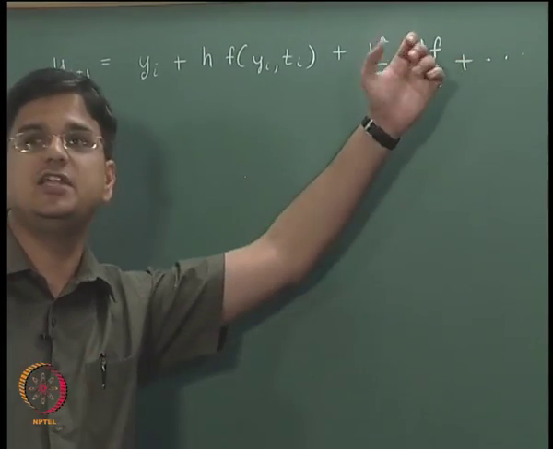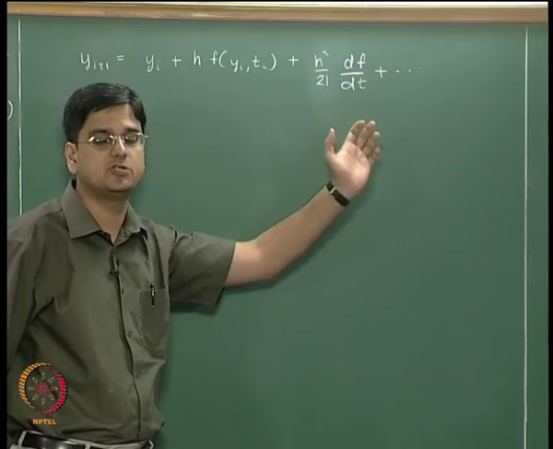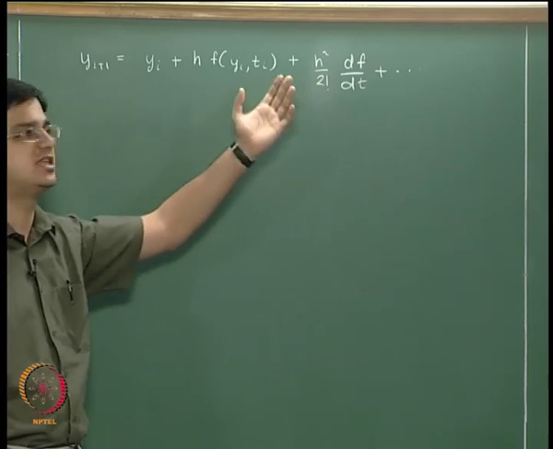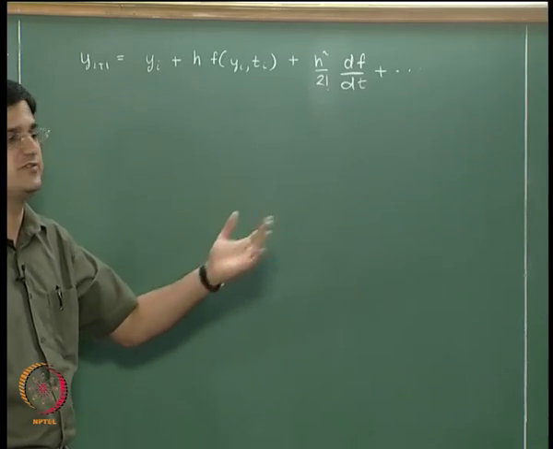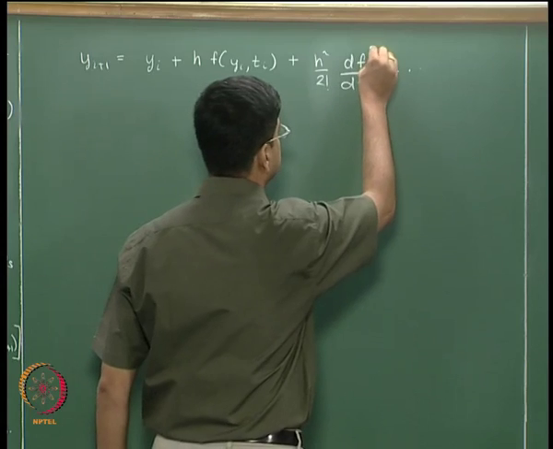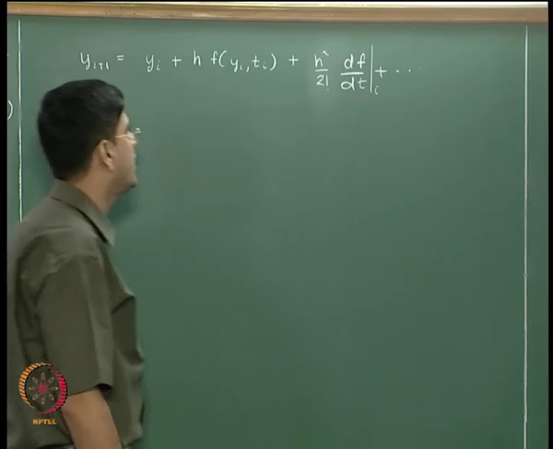We actually have d square y by dt square, and dy by dt is nothing but f. This is the derivation that we had actually done in the previous lecture. So I am just using shorthand over here.